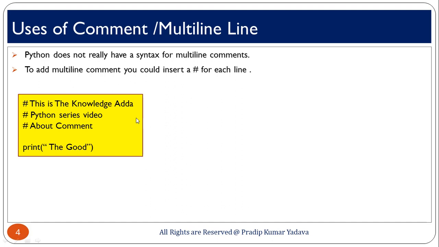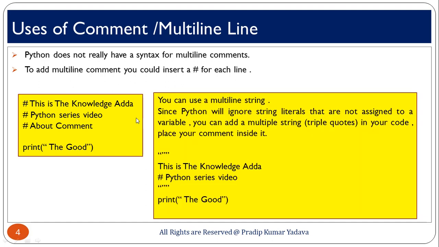And then there is another way: you can use triple quotes to make a multi-line comment. Just mention 3 quotes at the start, write your message, and close again with 3 quotes. This piece of text will also work as a multi-line comment.